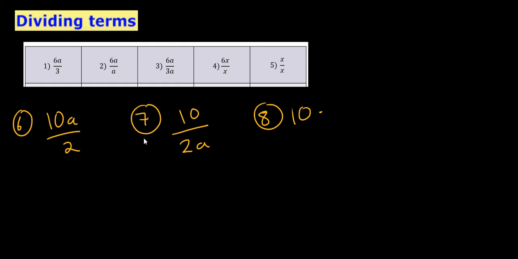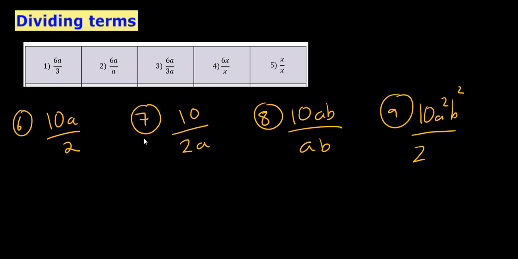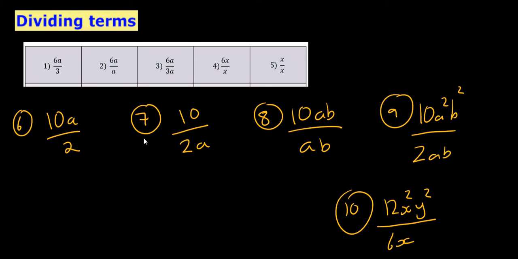Let's do 10ab divided by ab. Let's do 10a squared b squared divided by 2ab. And let's finish off with a slightly more difficult one. Let's do 12x squared y squared divided by 6x. So pause the video and have a go at these, and then wait for the solution.